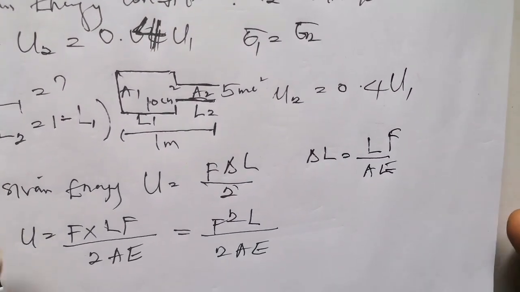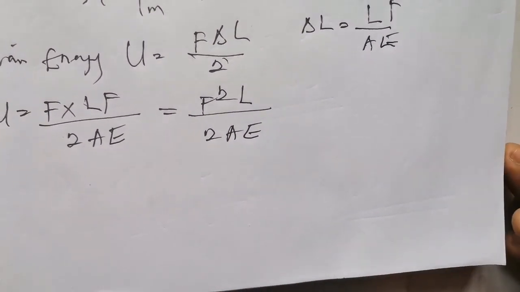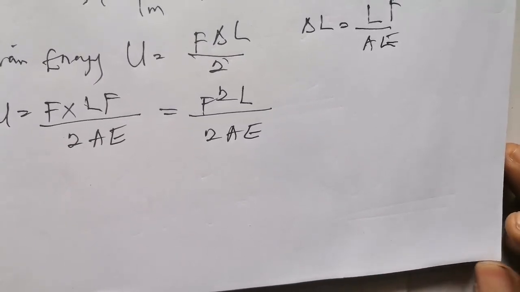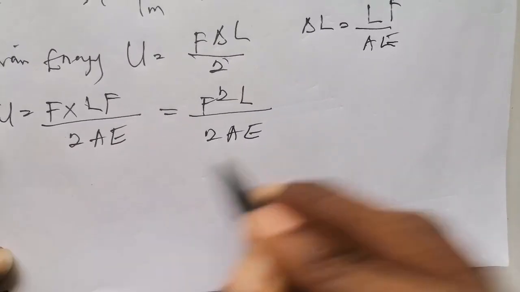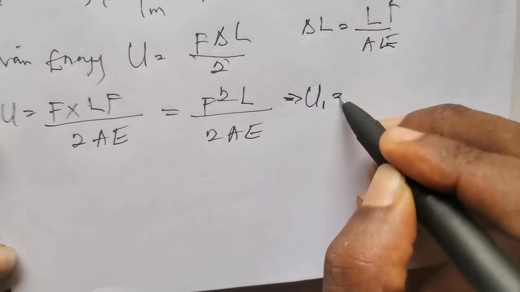Now let's move on to our analysis. So if we have this to be the formula for strain energy, then this simply implies that the first strain energy, U1, is going to now be what?